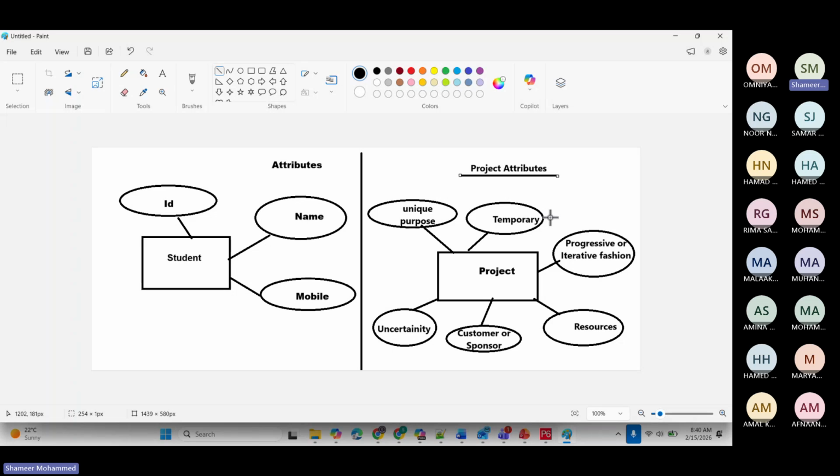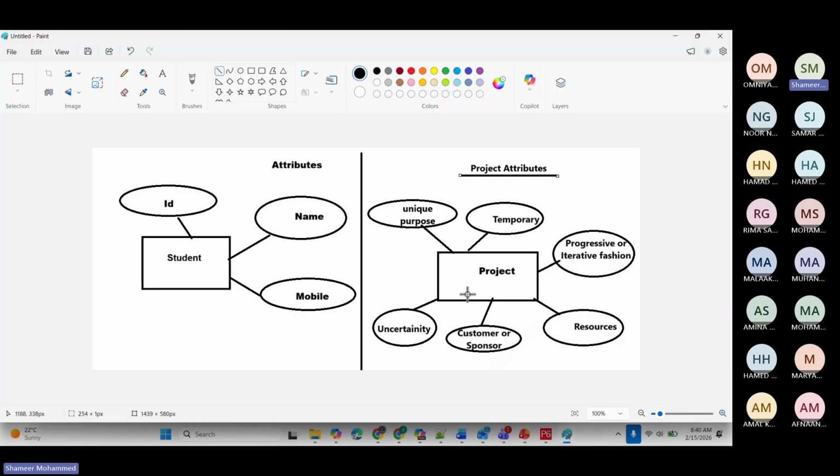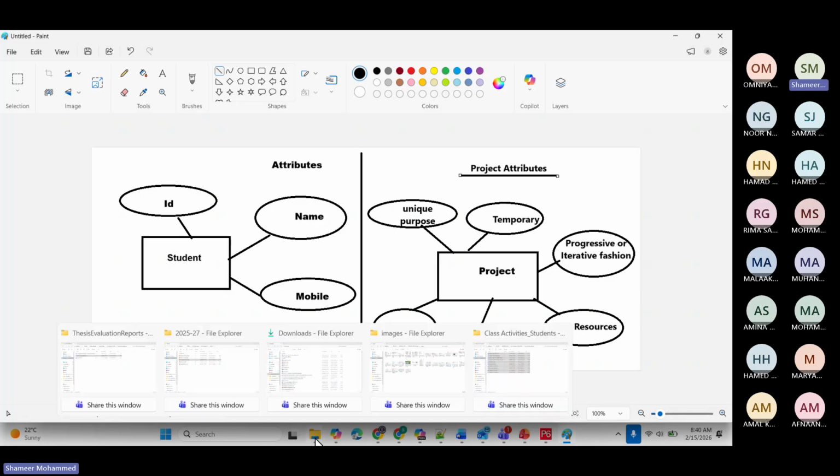This type of slide, project attributes, means these are all the attributes. So I drew this diagram to make you understand easily. Is this clear, students? Attributes, the features, are the characteristics of the project. So I have a tutorial for you.